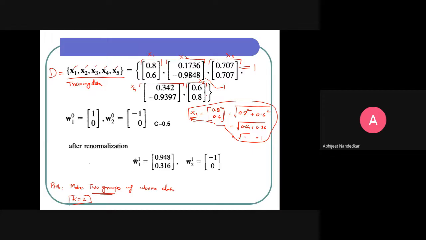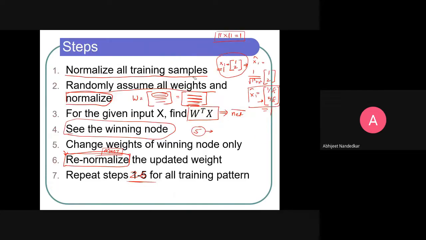You can check that, even this one. Once all samples are normalized, that means you have completed step number 1. So this will be your first step. Whatever data is given to you, one by one you will normalize it.